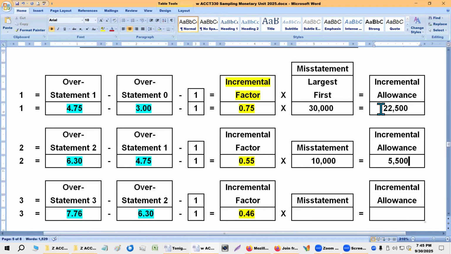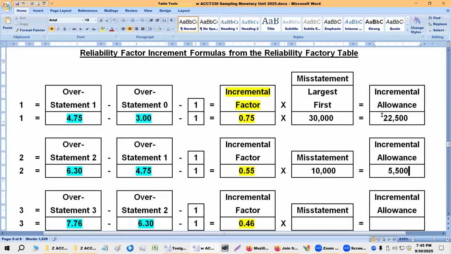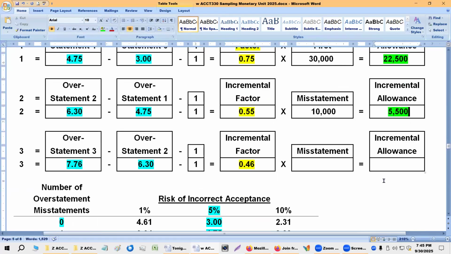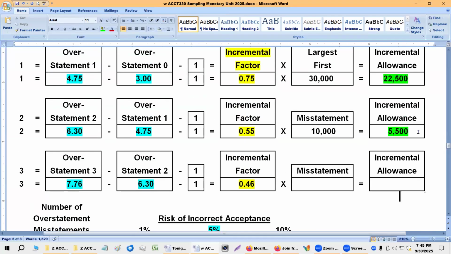So these will be our incremental allowances. 22,500 plus 5,500 is 28,000. Okay.